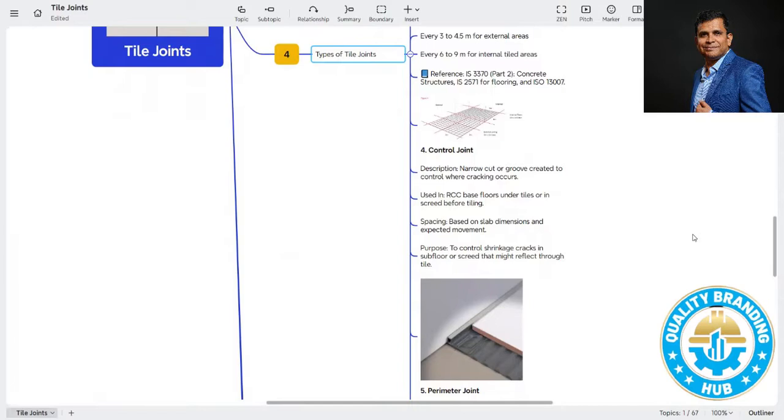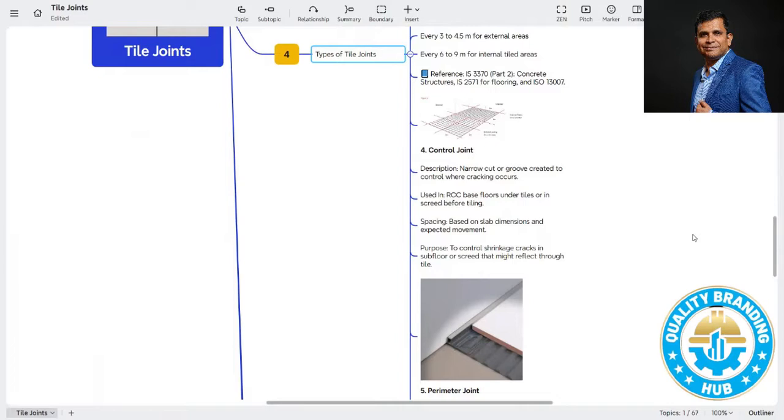Before applying the tiles, it is important to provide this control joint on the RCC base floor under the tiles or in the screed before tiling. It is not exactly on the tile but in the substrate. Why? If movement or a crack is generated in the substrate, it will eventually come up to the surface as well, or the tile will be damaged. So that expansion also needs to be taken care of in the substrate itself by providing the control joint.